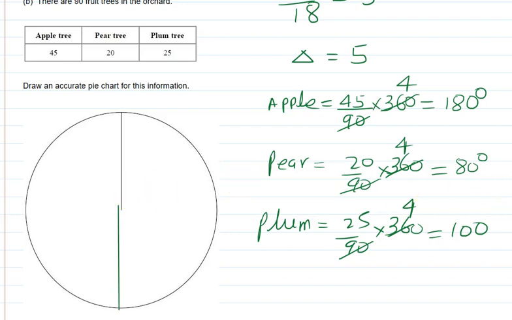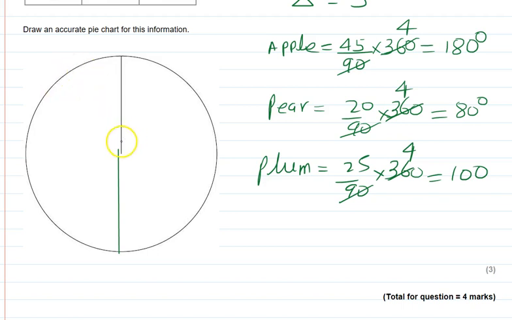So this angle will be 180 degrees for apple. Okay, plum is 100 degrees, so this will be 90, and a little bit extra.